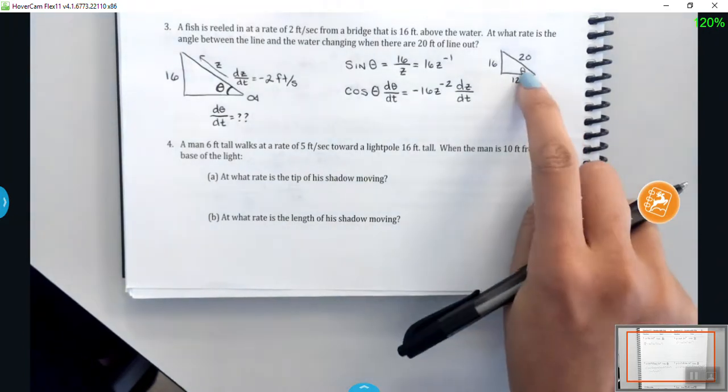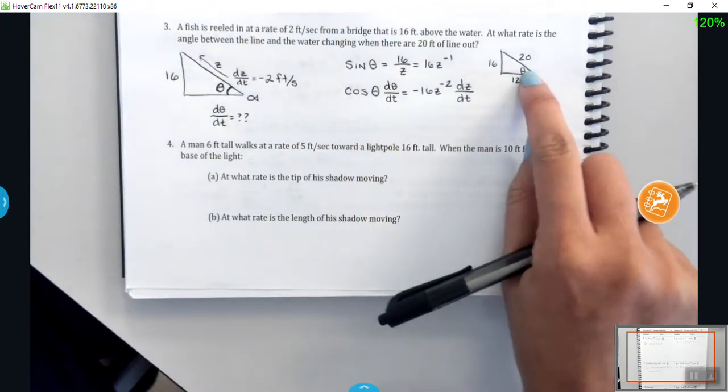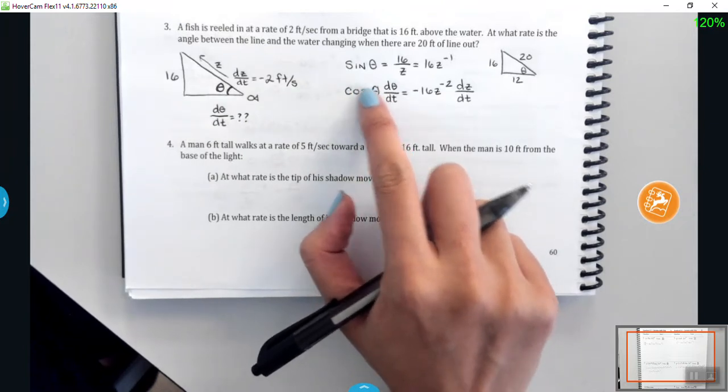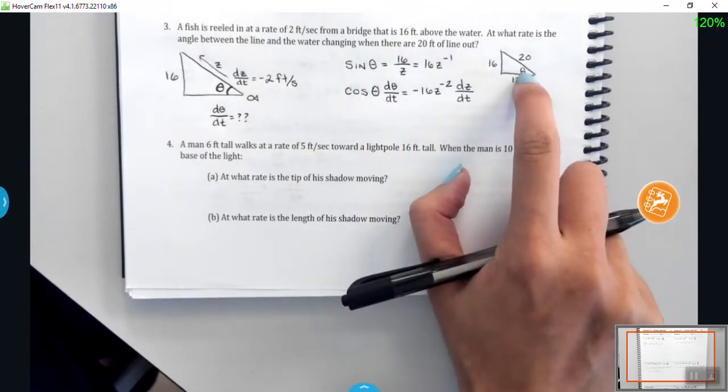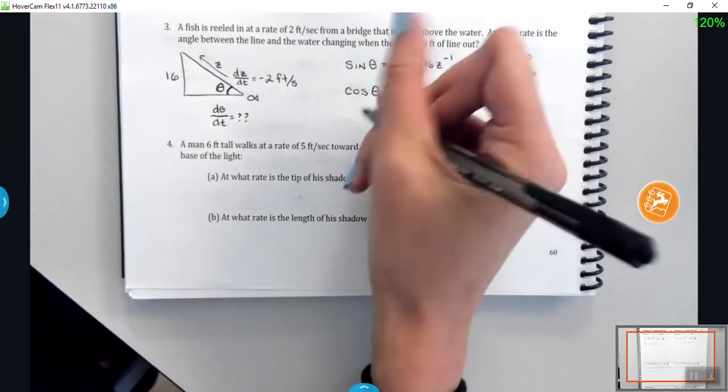Do I actually have to find the angle? This is where a lot of people get stuck. No, I just need cosine of this angle, so I can replace all of that. Cosine of this angle is 12 over 20.